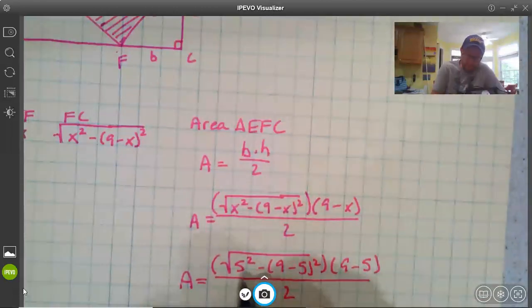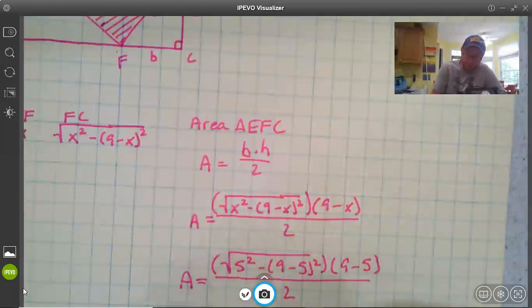Let's see. 5 squared is 25. 9 minus 5 is 4, and 4 squared is 16.